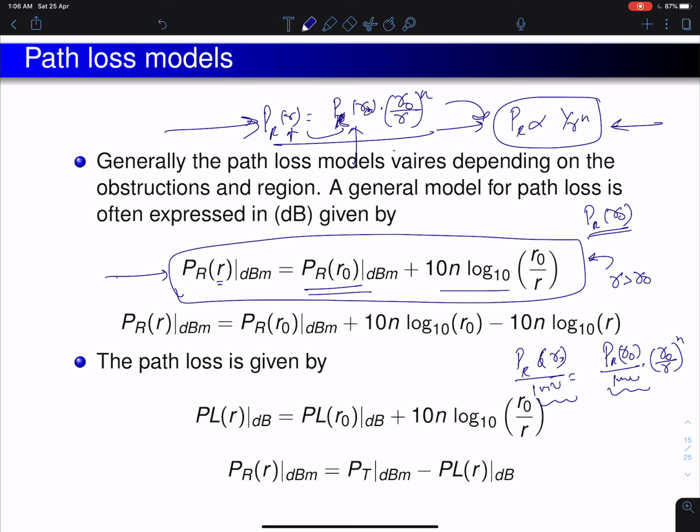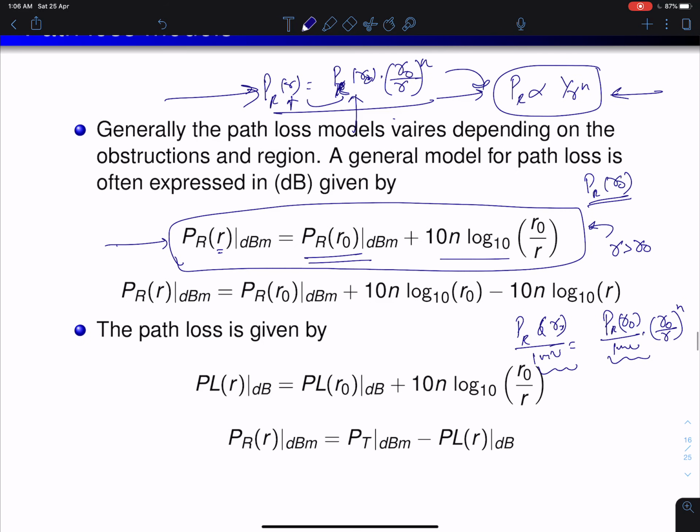Also, we can rewrite this expression a little bit and express your result in terms of path loss, where I'm going to define a term PL of r, which is what we call path loss. This expression is nothing but the path loss at a distance r naught.